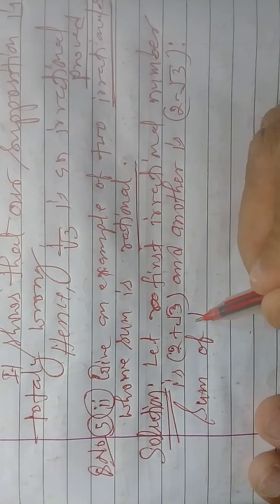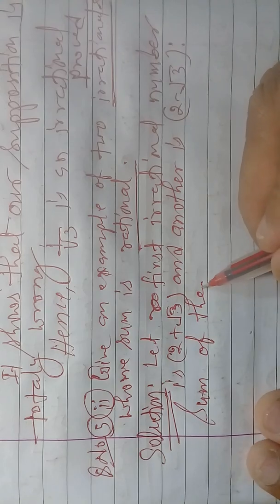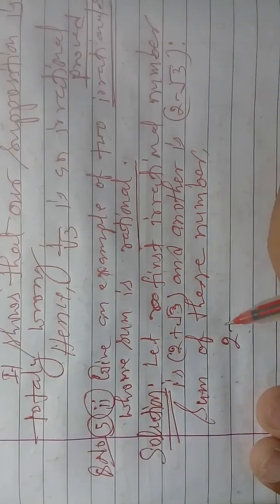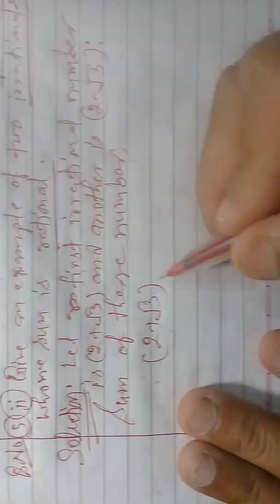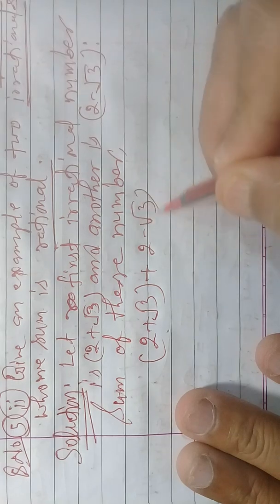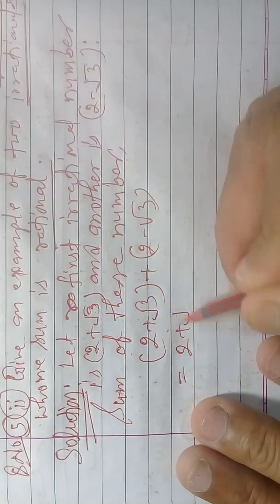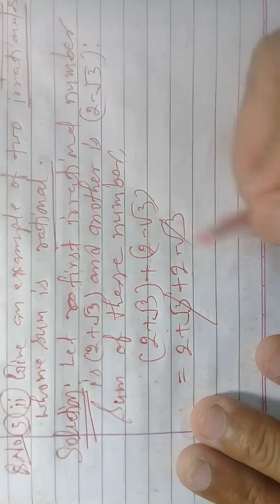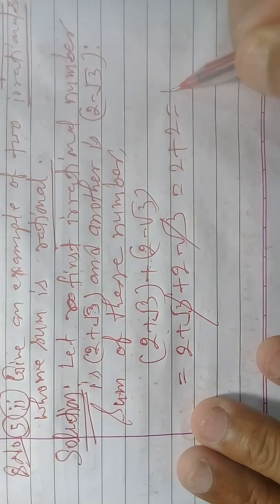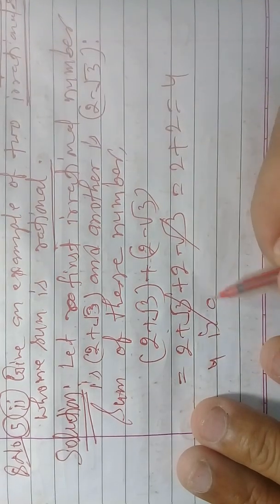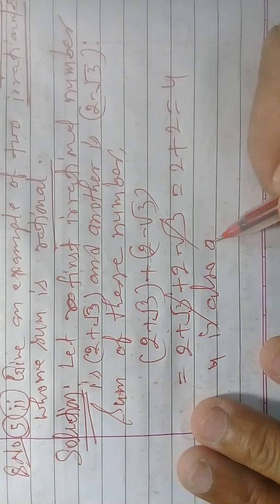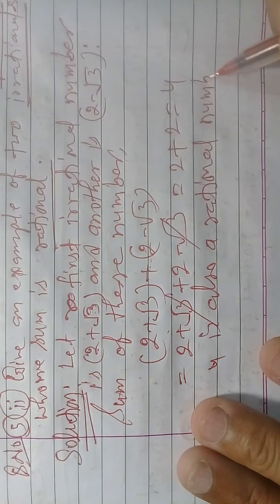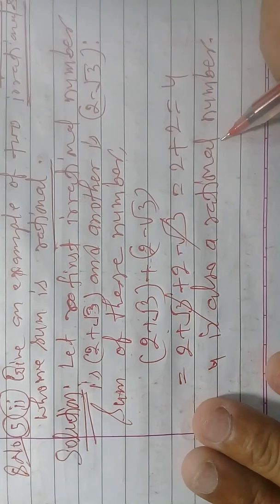Sum of these numbers: 2 plus root 3 plus 2 minus root 3, the root 3 terms cancel, 2 plus 2 is equal to 4. 4 is also a rational number.